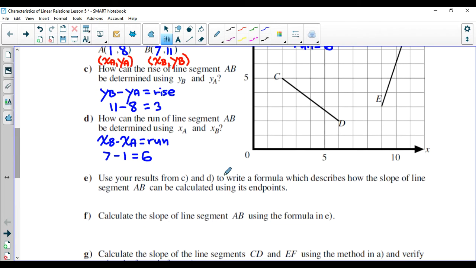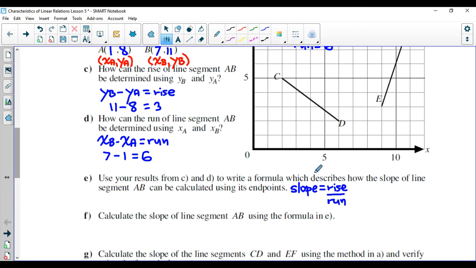Okay, now it says use the results from C and D to create a formula that can be used to calculate the slope of the line segment AB using only its endpoints. Okay, so we could write it like this. Slope is equal to rise over run. Again, that's how we'd normally calculate it off of a graph.